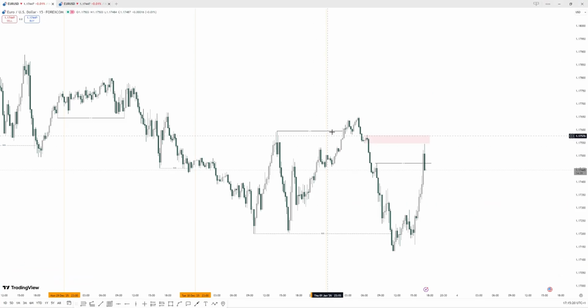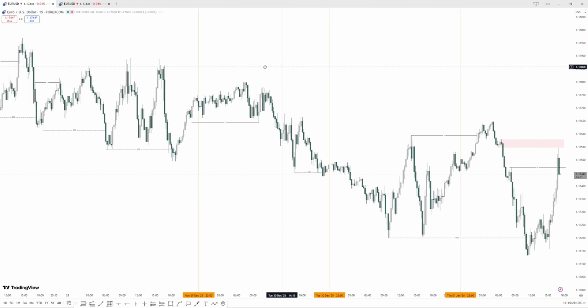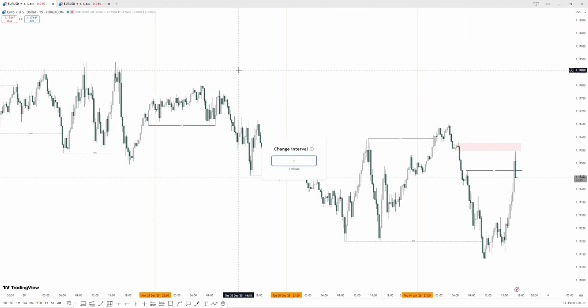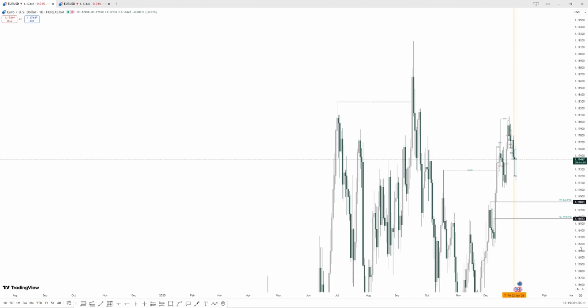So now I look at it here. This is the Euro USD chart. Daily time frame. I usually start my analysis from the daily time frame.